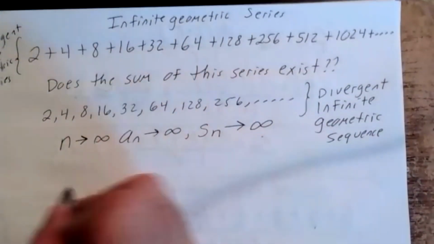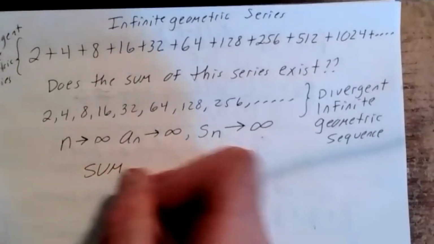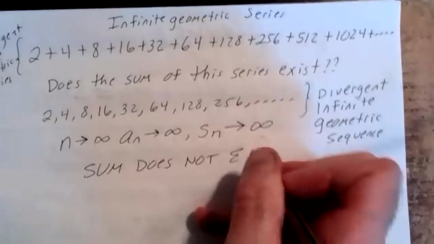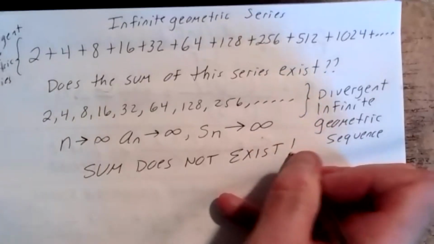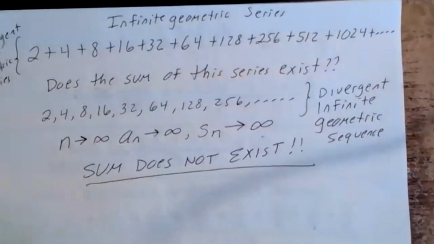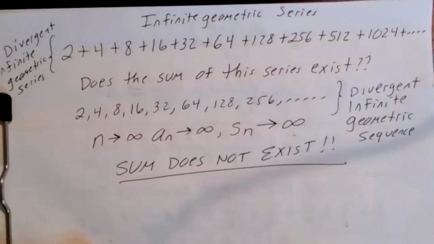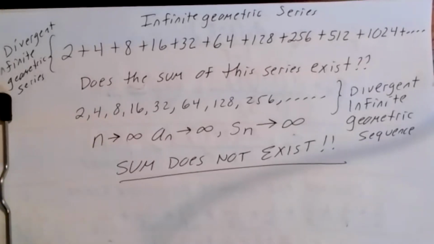So the answer is the sum does not exist. Okay, so not all infinite geometric series, ladies and gentlemen, have a sum. Not all of them do. Some do, but in order to have a sum, the infinite geometric series has to be a convergent geometric series.